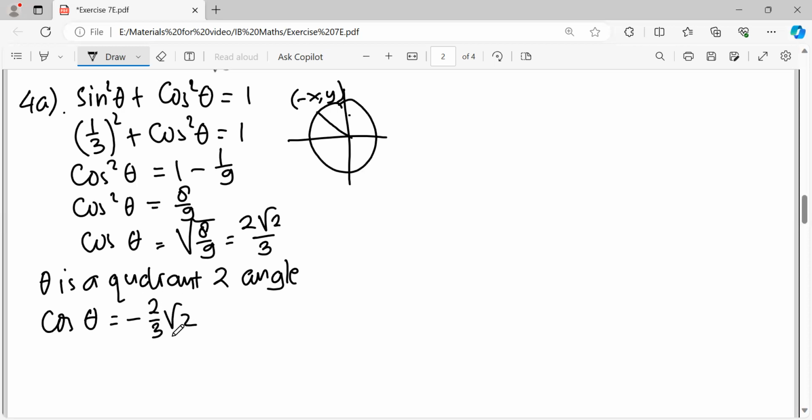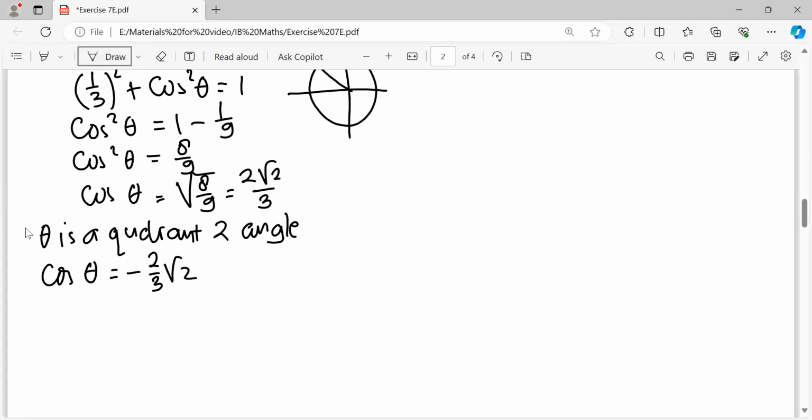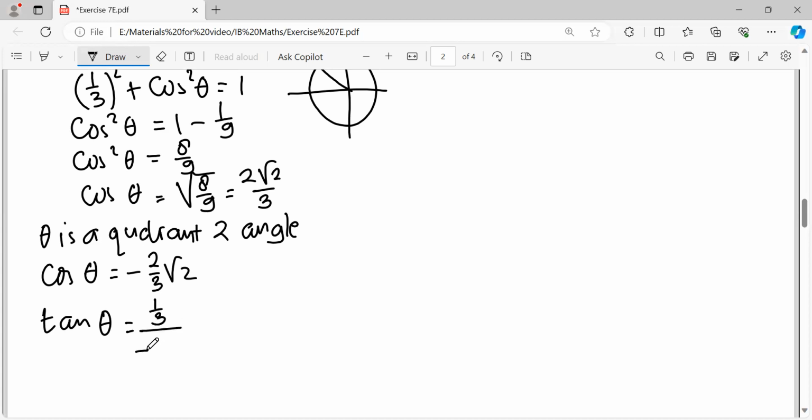Now let me find tangent. Tangent theta equals sine over cosine. It means 1/3 over negative 2 square root 2 over 3.